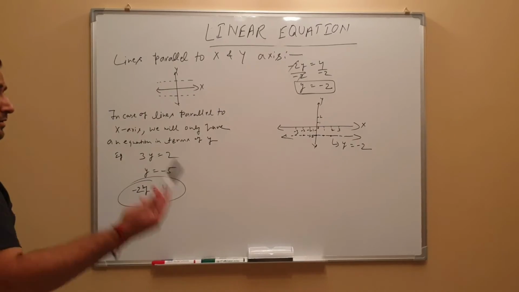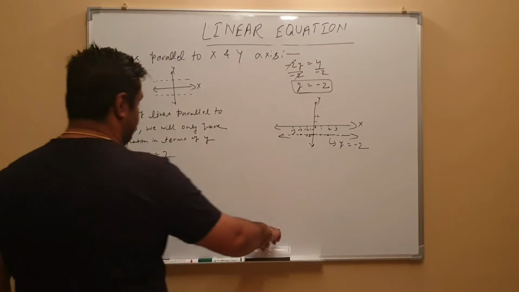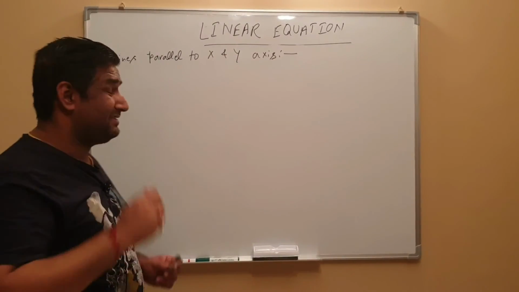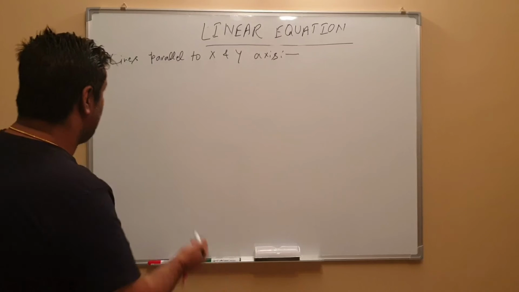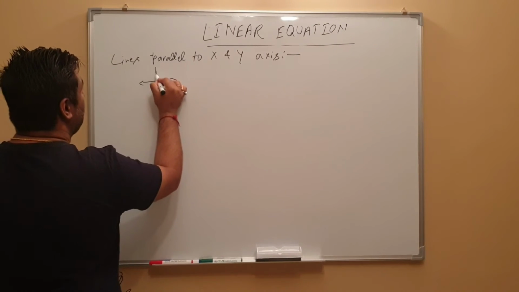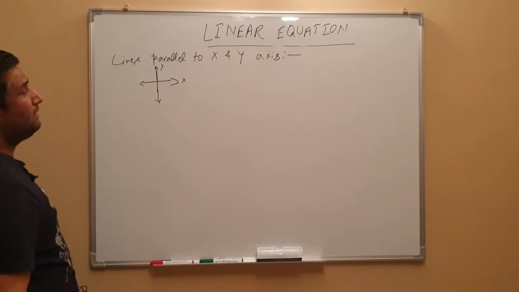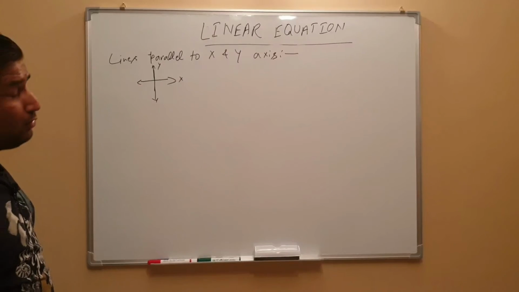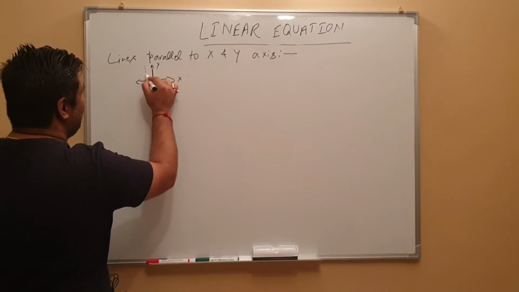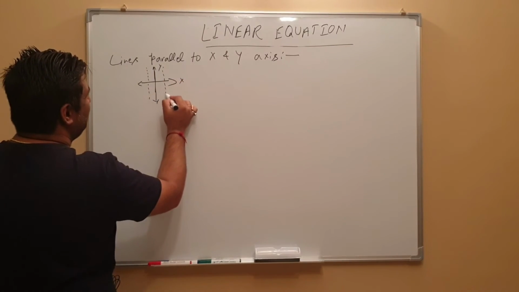Now obviously we have to discuss when the line is parallel to the y-axis. Parallel to the y-axis means what? Let's say this is the axis grid we have, x and y. Now if some line is parallel to the y-axis, that means it has to be parallel to this particular axis. So this can be somewhere here at this side, or somewhere at this side.